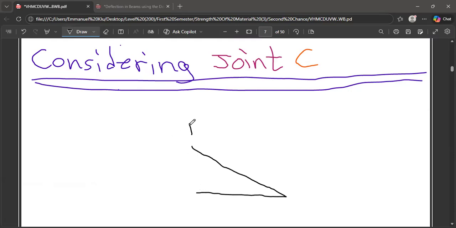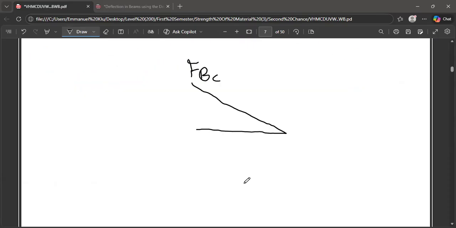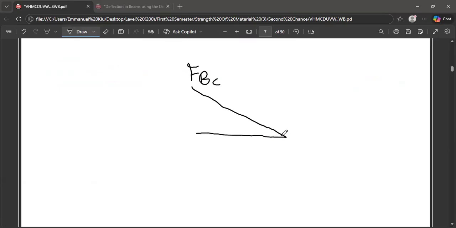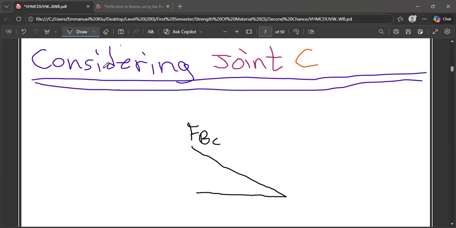So this is our FBC, because you realize that our B is at this side. So we are considering joint C, okay. So this is our C. Let's put a C over here.